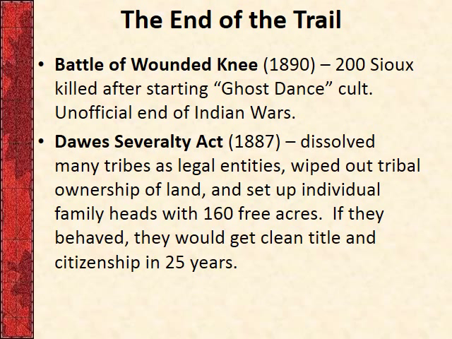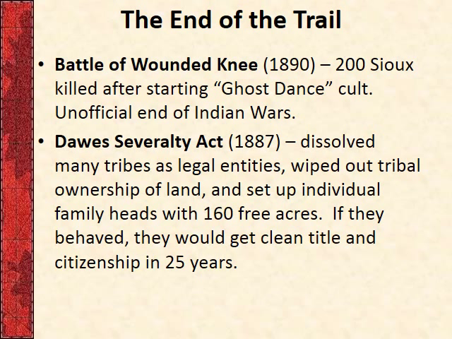And instead, it gave individual families 160 acres. So an individual Apache family would get 160 acres. And as long as they behaved and didn't scalp anybody, then they would get clean title and American citizenship in 25 years. So you can see what they're trying to do here. They're trying to turn Indians into white people, right? I mean, the homesteaders were going out in this area, and they were getting 160 acres.